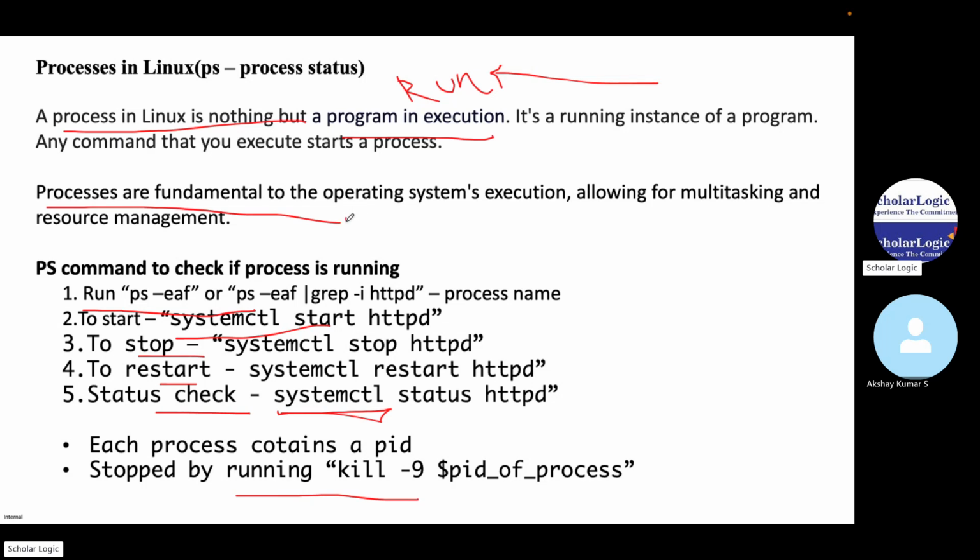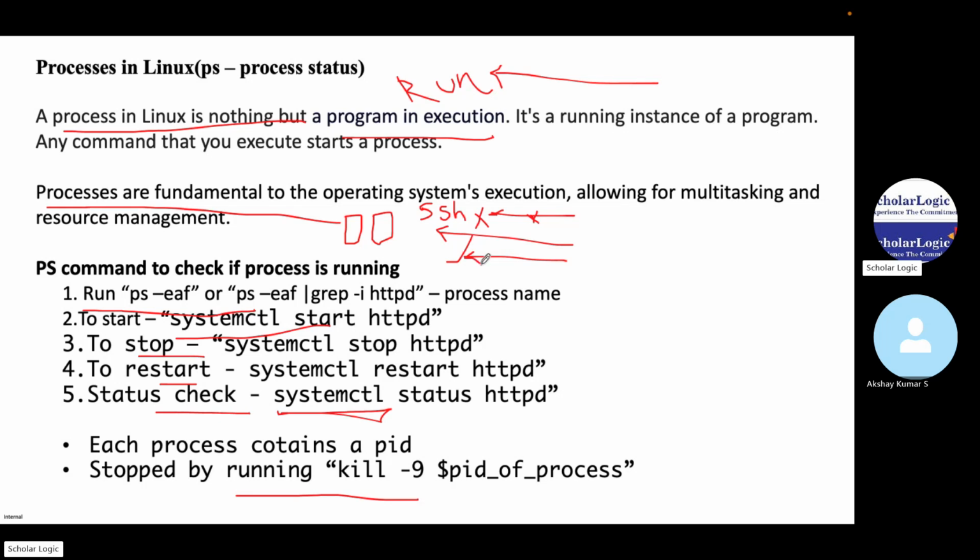Unless a process is running inside a physical machine or virtual machine, the machine cannot be accessed by anyone from the outside world. For example, you are accessing SSH in EC2. That means a service called SSH is running. If SSH is not running, you cannot access the resource. If it is running, you can access the resource.